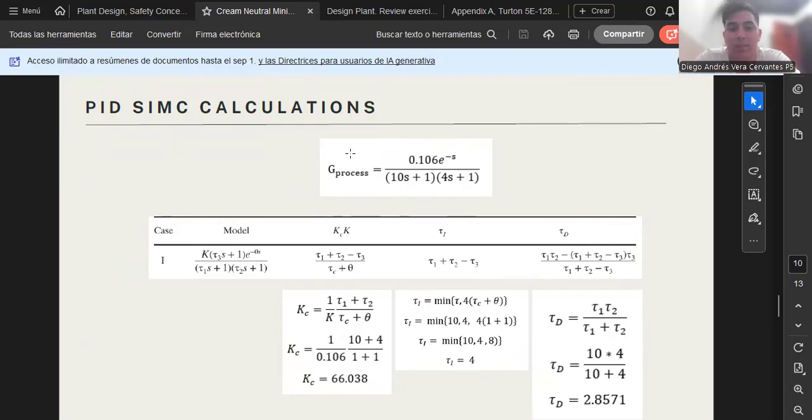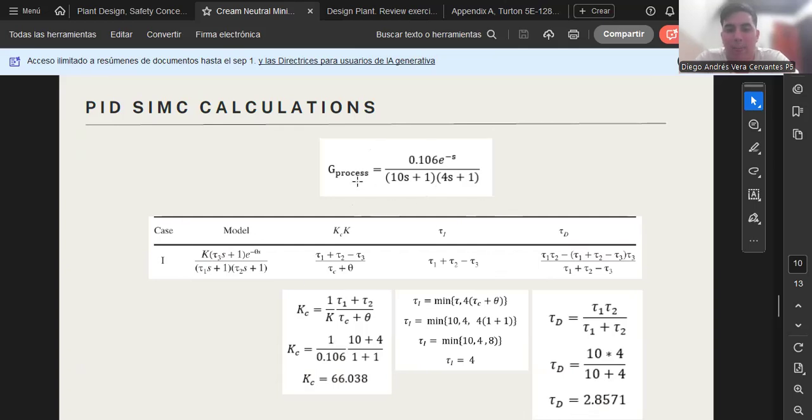This one is a transfer function about the process. So we have the first case, as we saw in the book. This one is this model. So we can just take the values from the main process.